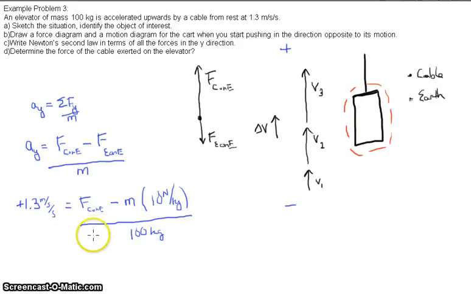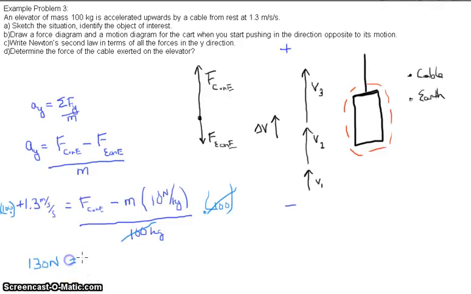of the elevator itself. Okay, to solve for the force of the cable, what we're going to do here is multiply both sides by 100. Alright. This 100 will divide out with that. And 1.3 times 100 is going to be 130 newtons.